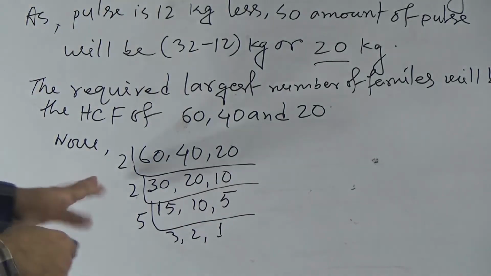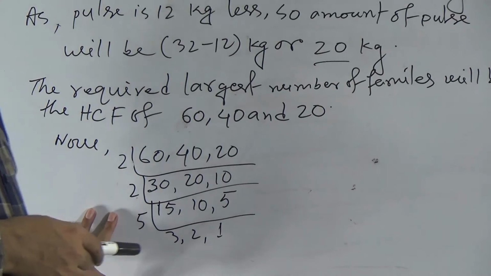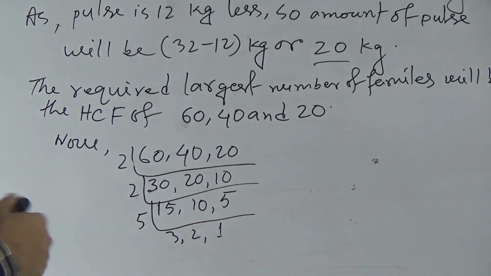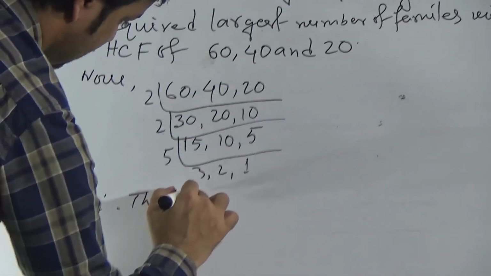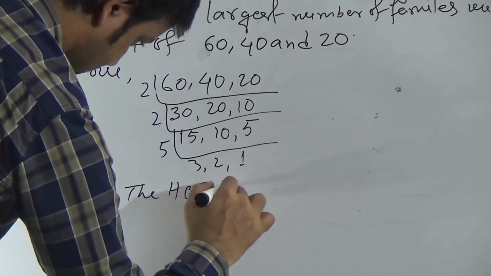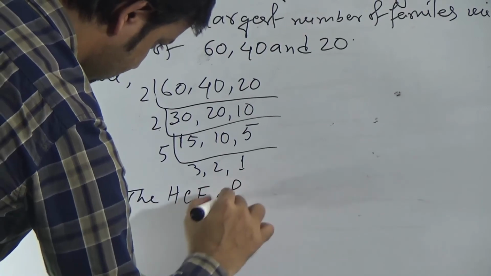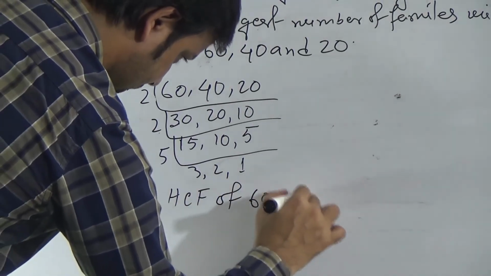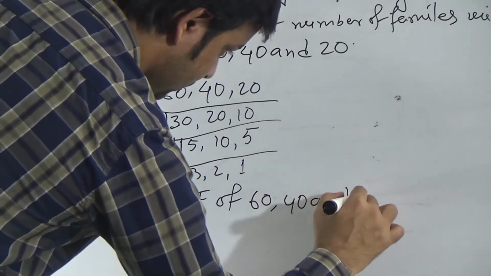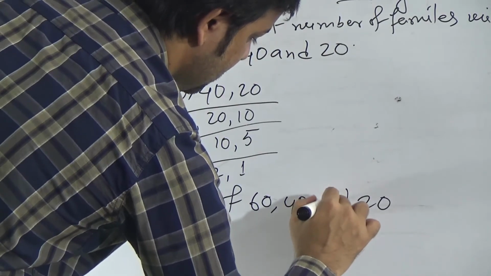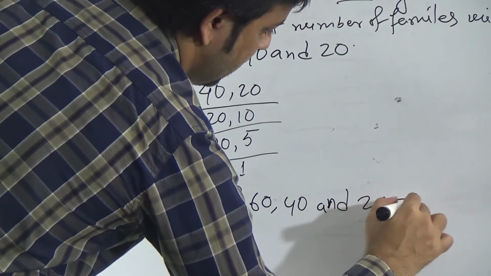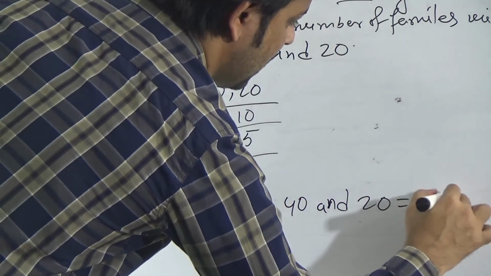So we get the HCF of these numbers easily. Therefore the HCF of 60, 40 and 20 equals 2, 2 and 5.